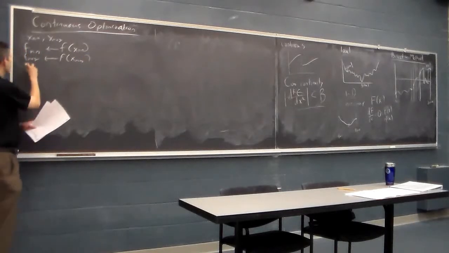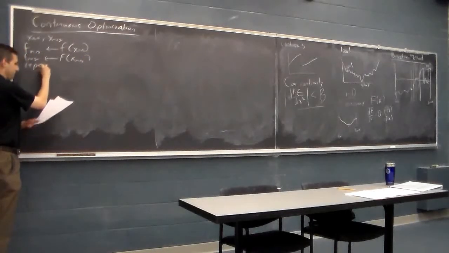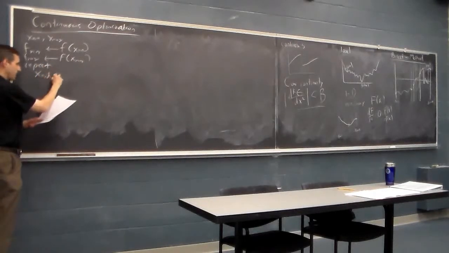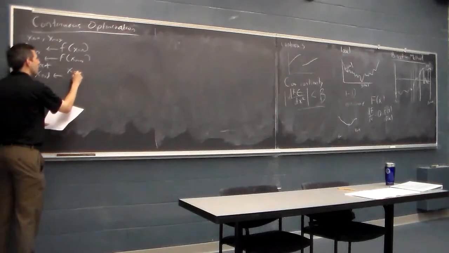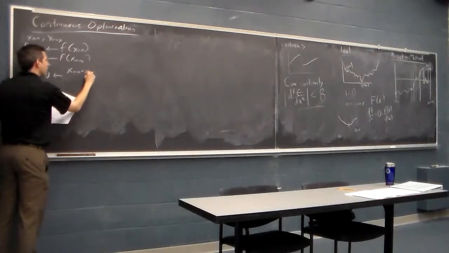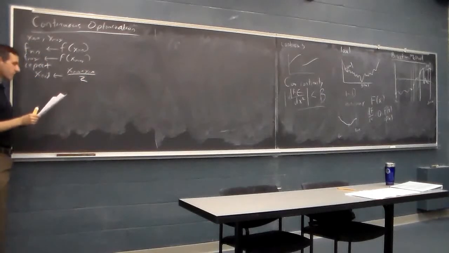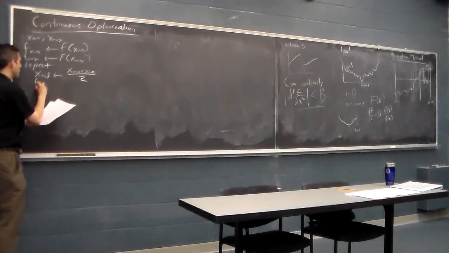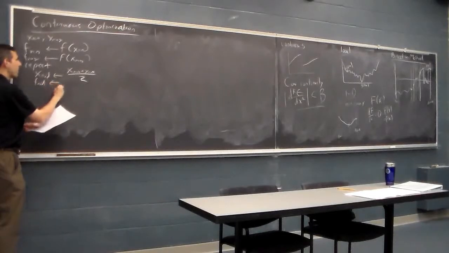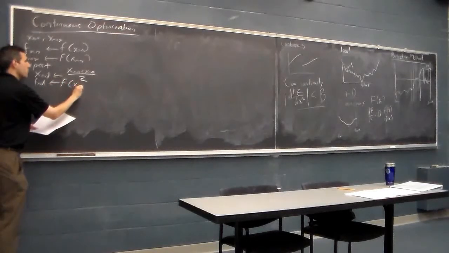And then we're going to repeatedly do the following steps. We're going to compute a midpoint, xmid, which is simply xmin plus xmax over 2, so simply midway along the interval. We're going to compute fmid, so the value of f at this new midpoint.